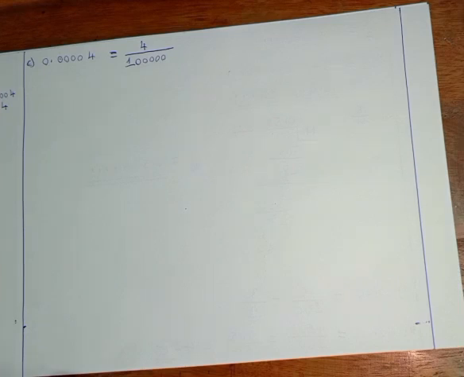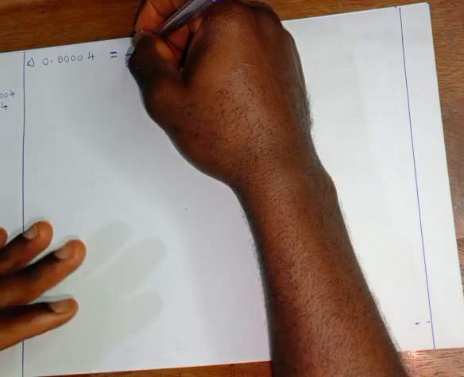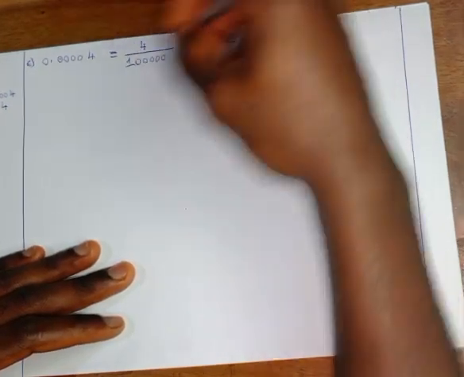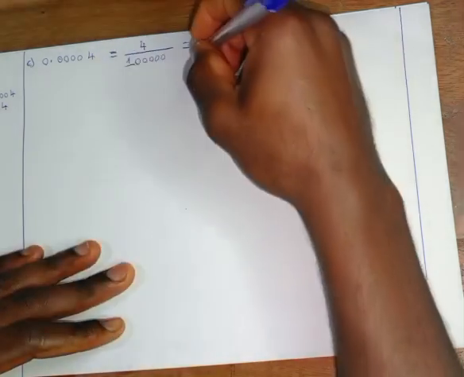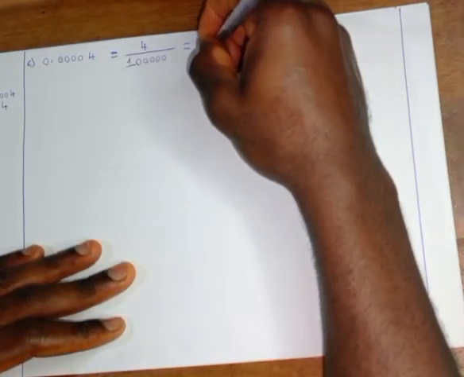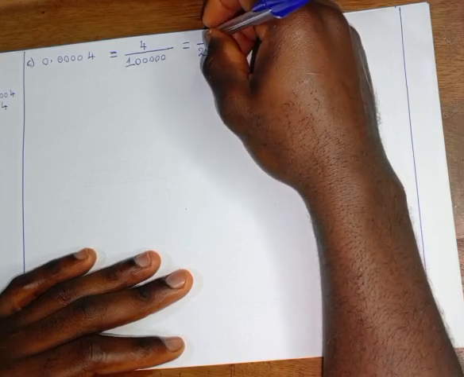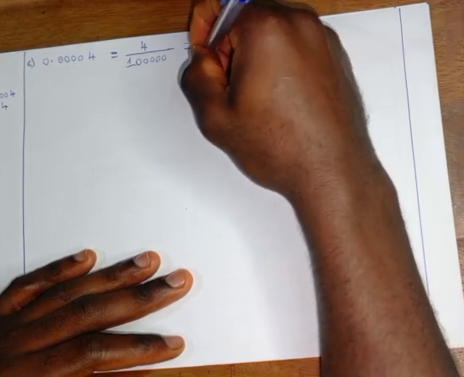We know the HCF of 4 and 100,000 is simply equal to 4. 4 divided by 4 gives us 1. 100,000 divided by 4 gives 25,000. So this will give us 1 all over 25,000.